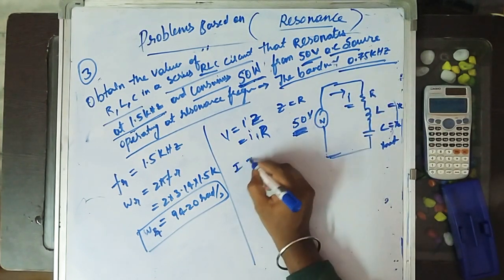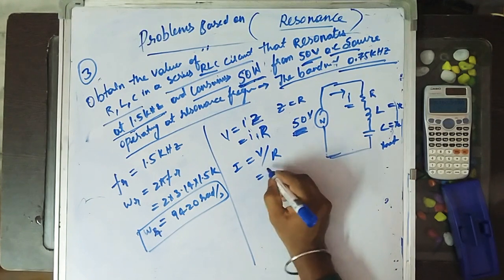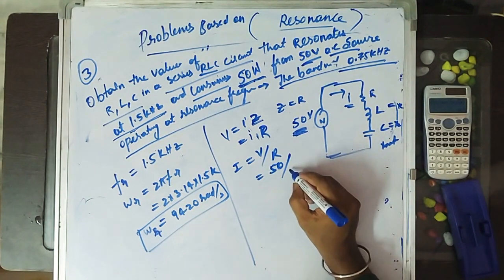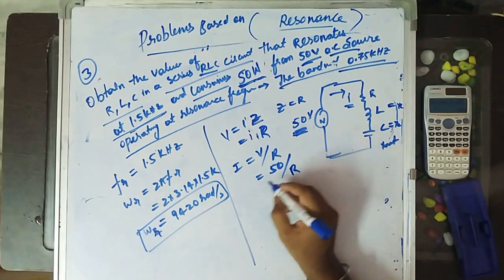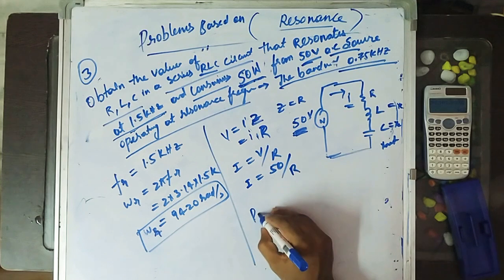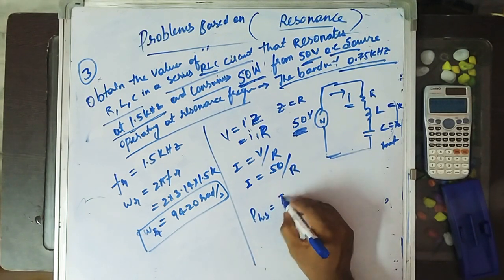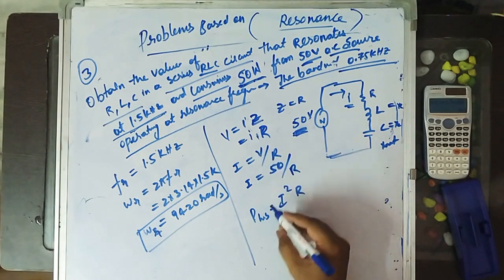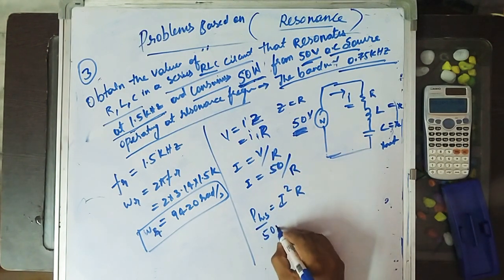So by this you can find the current I. I equal to what? V by R, so V is 50 and R. So we get I. Now the formula for power loss, or power consumed, is I square R. They are giving the power loss as 50 watts.